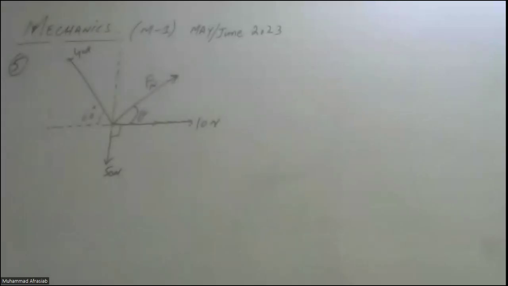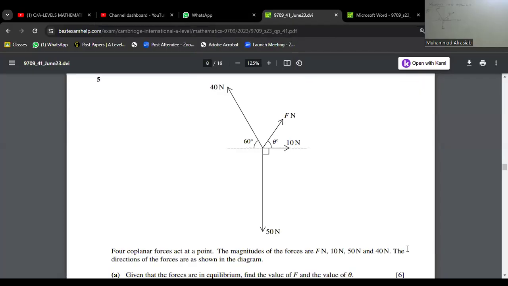We are solving now question number 5 of this mechanics paper, 2023 May June. Four coplanar forces act at a point.